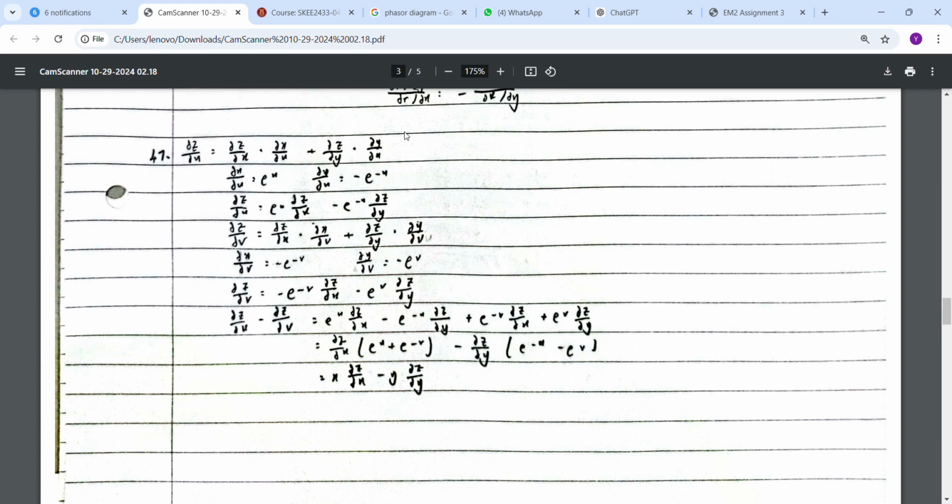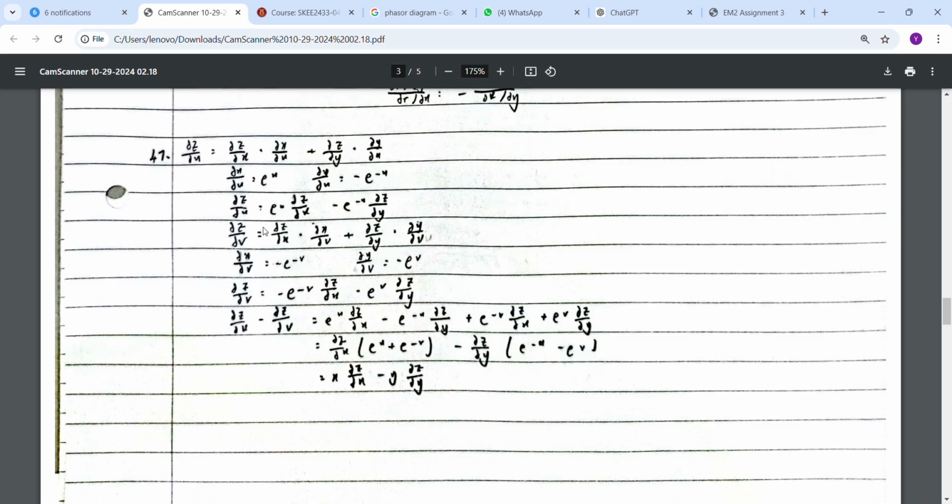Because we have already been given the x and y values, we can find the derivatives for all the requirements of the question. Then after we find the derivatives, we just insert them back into our first equation.